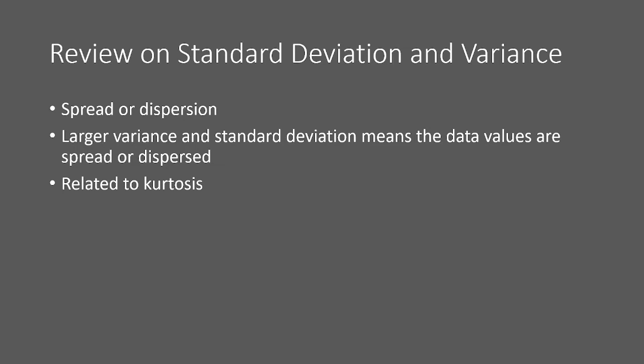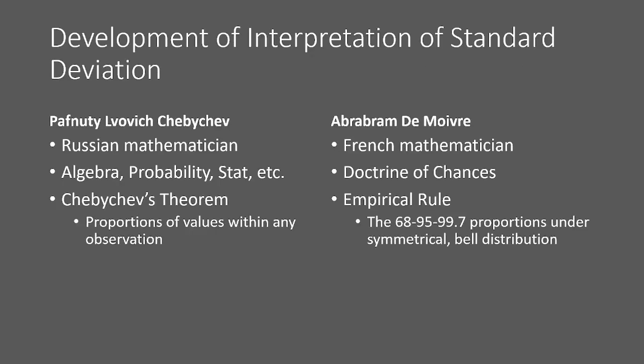And in that, we actually have two developments or two measures. Those two measures were developed by two mathematicians, one Russian and one French: Pafnuty Lvovich Chebyshev and Abraham de Moivre. You can imagine how hard it is to pronounce their names, being Russian and French.